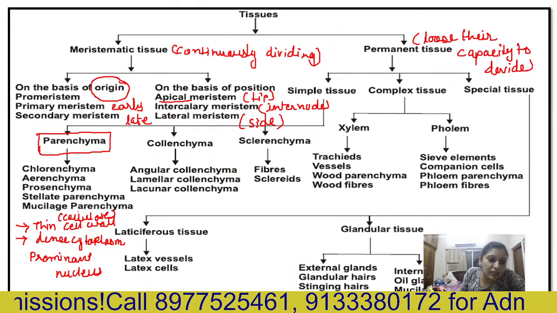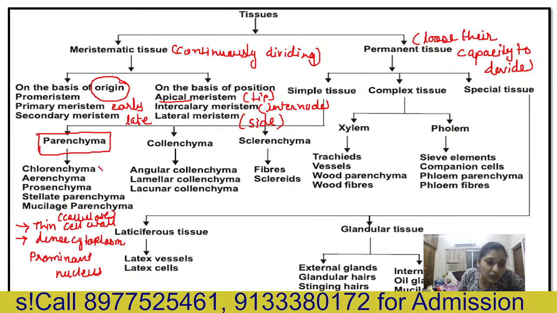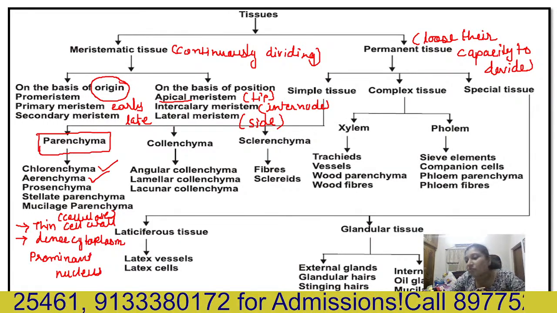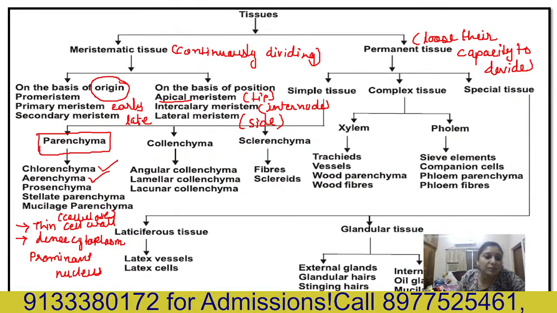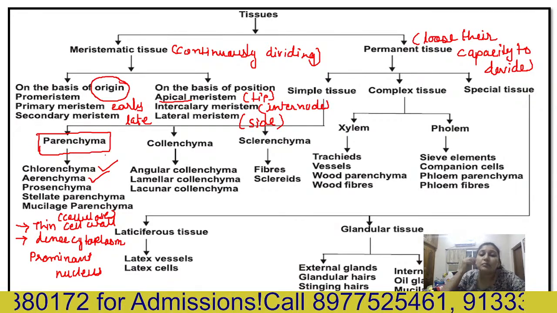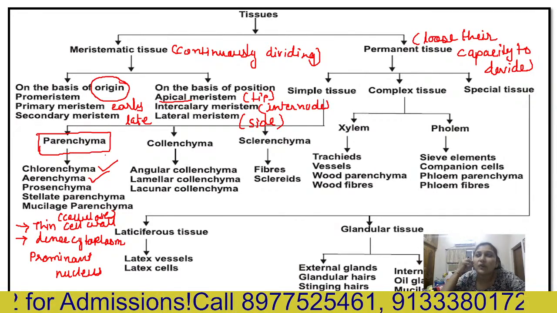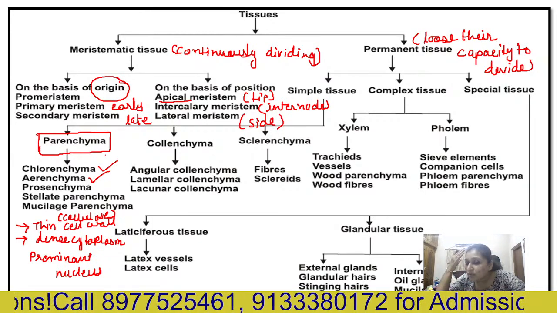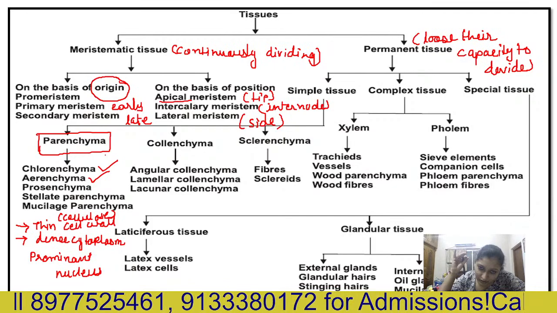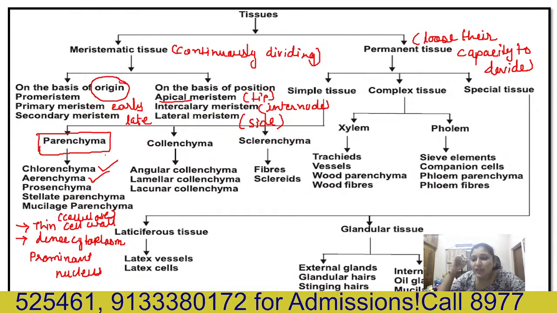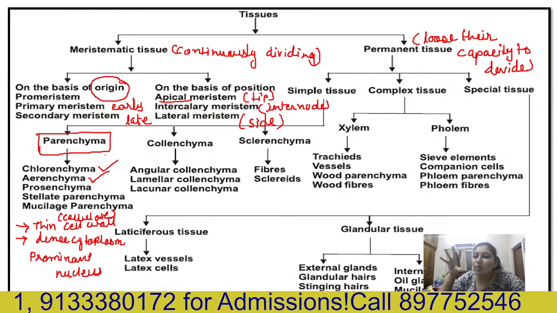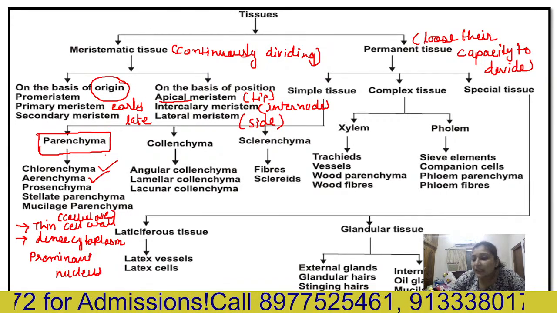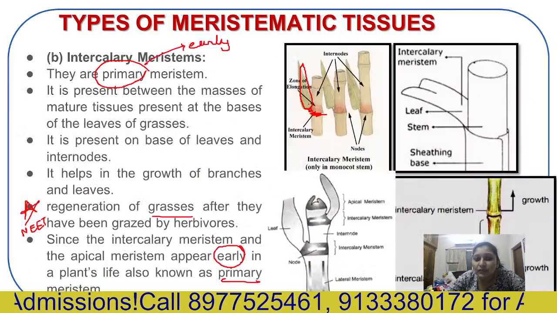If they contain chlorophyll, then they are called chlorenchyma. If they contain air cavities, this is aerenchyma, a type of parenchyma; they are responsible for the buoyancy of the aerial part or buoyancy of the aquatic plants. Buoyancy means they are responsible for the floating characteristics of the parts of the aquatic plants. Because of the many air cavities, they have this floating characteristic.